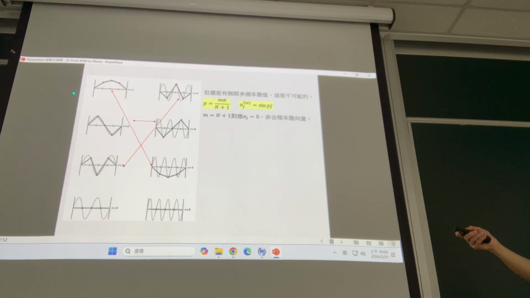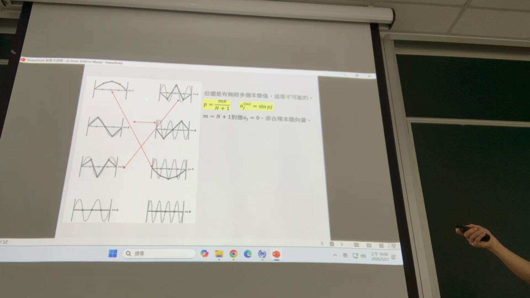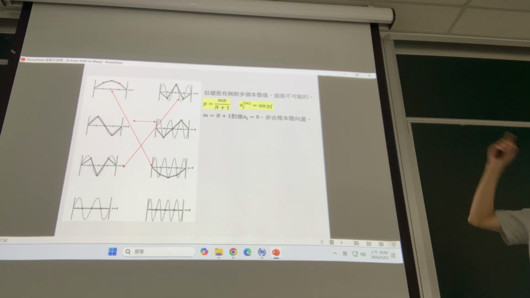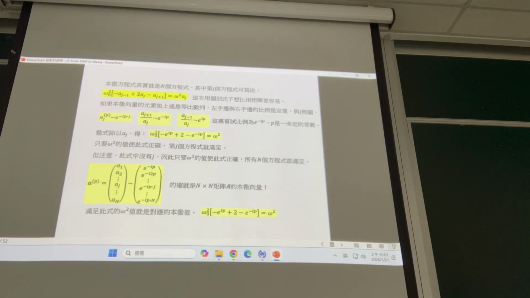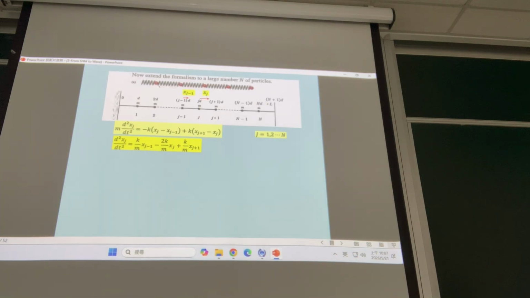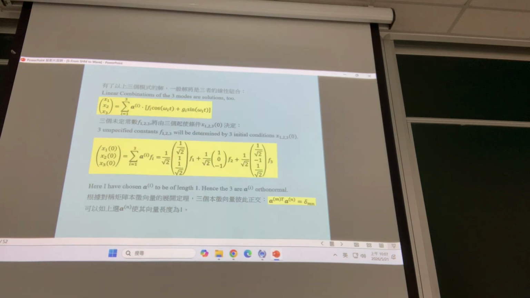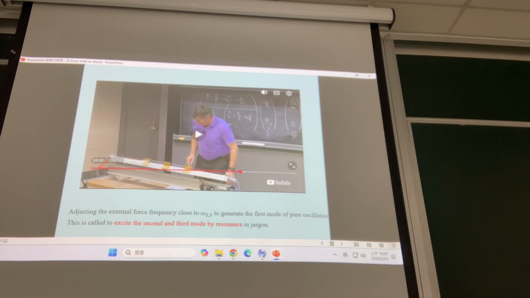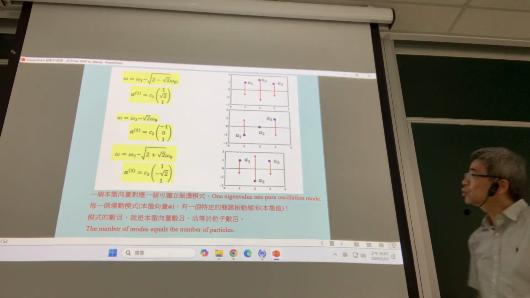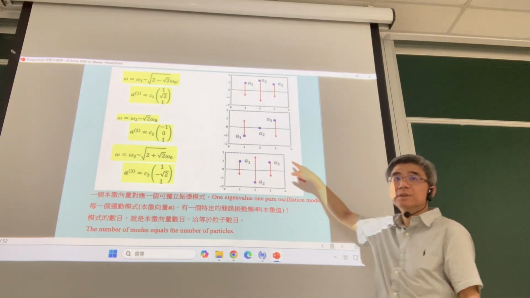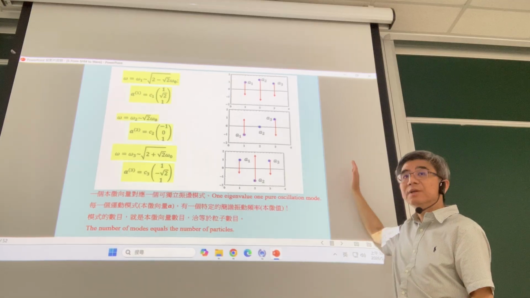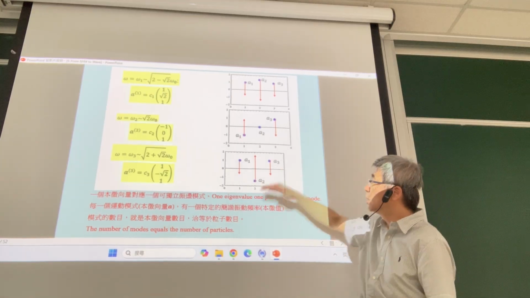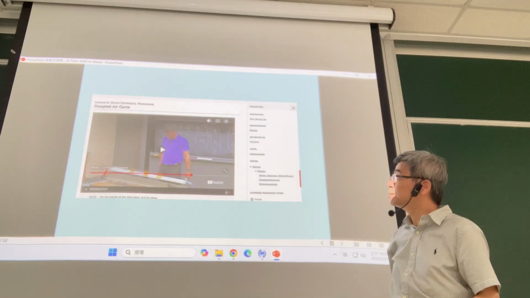But here, you can see this picture shows the original a1, a2, and a3 I showed in the case of the three-body problem. In the three-body problem, I drew this a1, a2, a3. Now, if there are n particles, then you will have a diagram of n points.